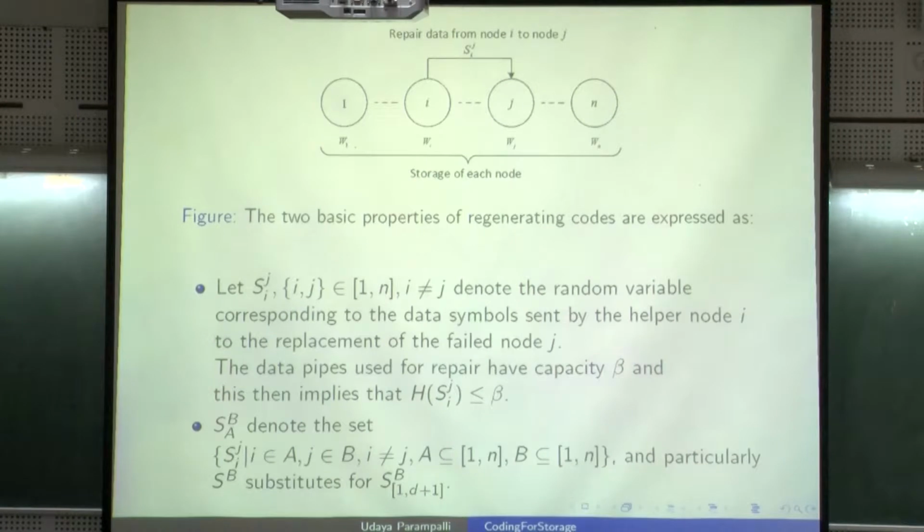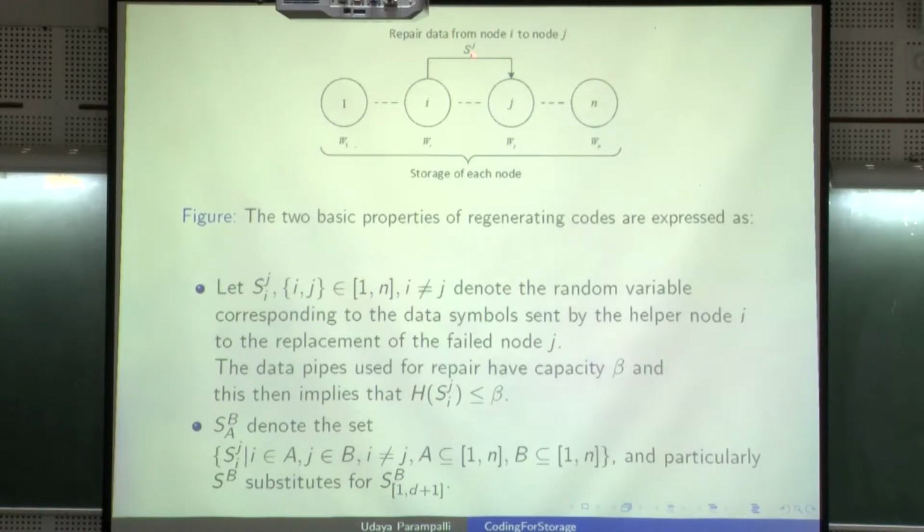Here you have W1 to Wn, the different storage nodes. Now what is the repair? If you are repairing, you get some information from another node, and now we are trying to model that. This is the storage in each node, and I will now invent another random variable, S, with an index i and a superscript j.